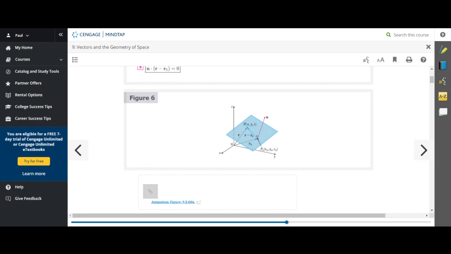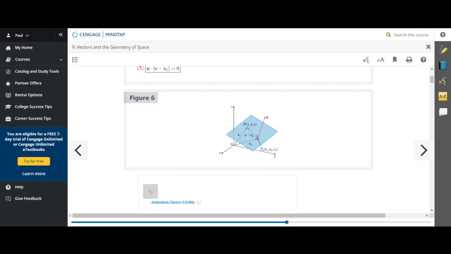They're on the plane, so the difference of those vectors, r minus r sub 0, is going to lie in the plane. And so that means that the normal vector perpendicular to the plane would also be perpendicular to the r minus r sub 0 vector.